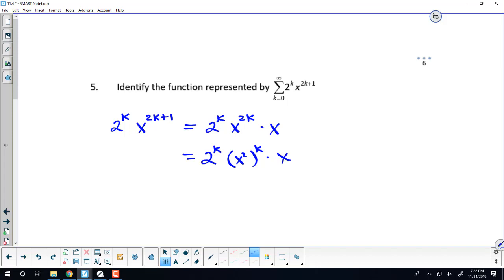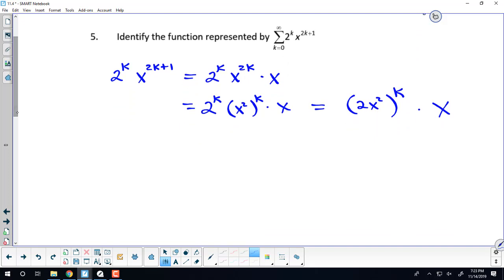And then we've got 2 and an x squared to the power of k. So we're just going to write that as 2 times x squared to the k times x. And then that series that we started with is this series.